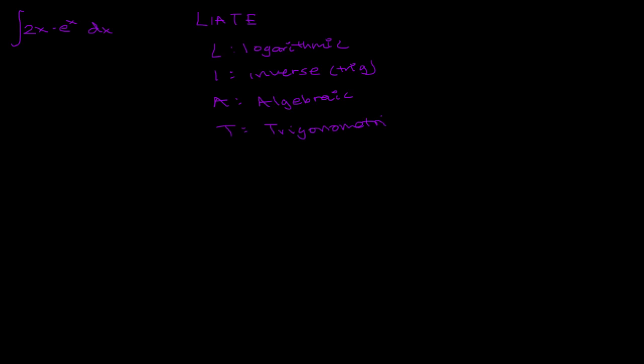LIATE. So LIATE's an acronym. L stands for logarithmic, I stands for inverse, so like inverse trig functions, A stands for algebraic, T stands for trigonometric, and E stands for exponential.